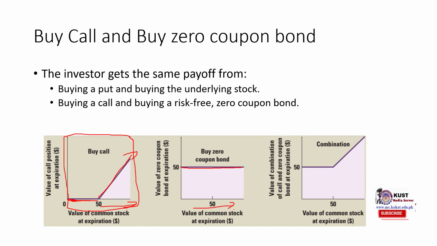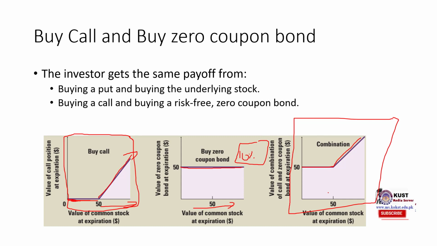Because if the future spot price of the commodity either increases or decreases, you are going to get the same interest on your bond. So the combination of these two positions would give us this kind of graph, where our loss would be limited, but as the future spot price increases, our profit would increase.